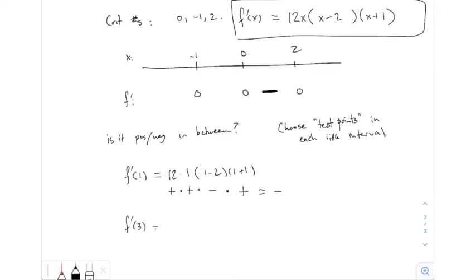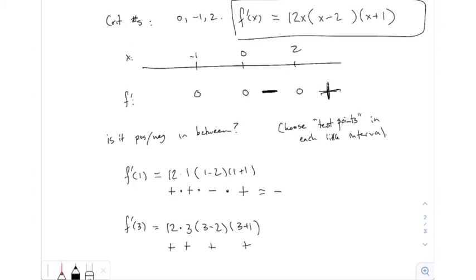There's no reason to choose anything else. Again, plugging into the formula in the box up there, it's going to be 12 times 3 minus 2 times 3 plus 1. You could try to compute that number, but it's easier to just think in terms of positives or negatives. That's positive, that's positive, that's positive, and that's positive. These are all positive, and so the product is positive, and so over here, the derivative is positive.